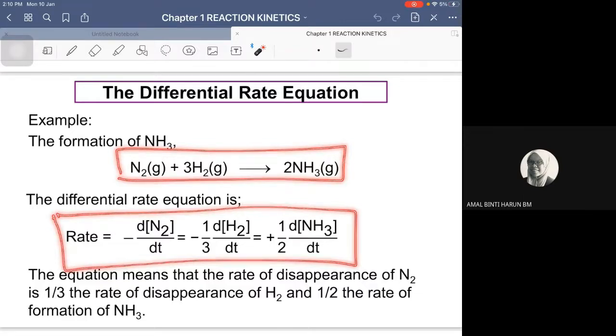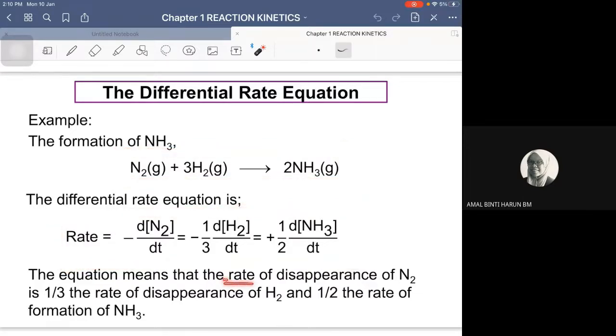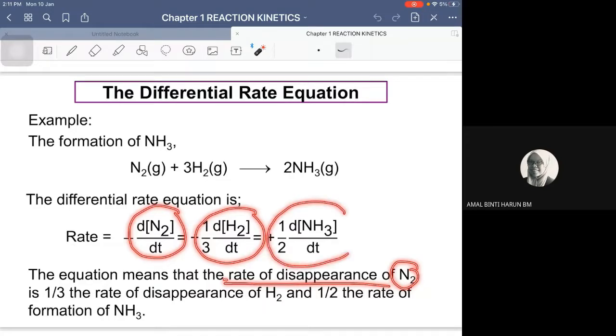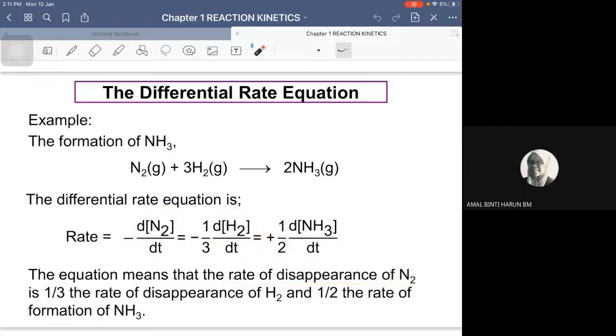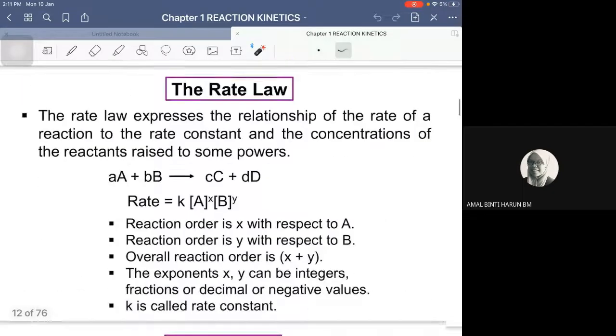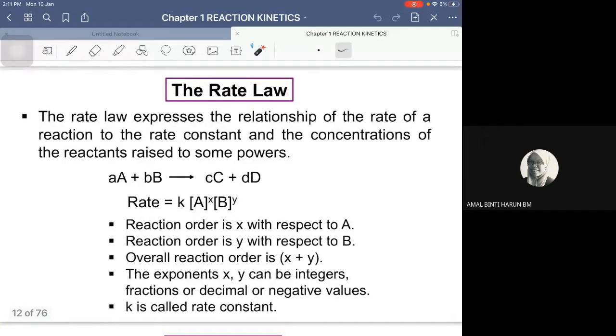Apakah maksudnya? Ini bermaksud rate disappearance of nitrogen, kadar pengurangan nitrogen adalah bersamaan dengan 1/3 kadar pengurangan hidrogen bersamaan dengan 1/2 kadar pertambahan amonia. Okay. Itu differential rate equation, first part.